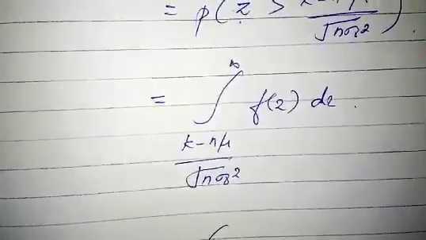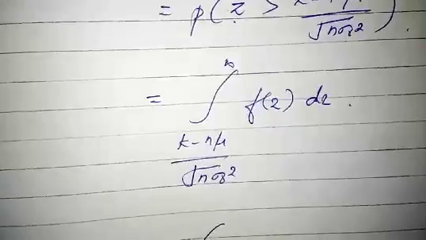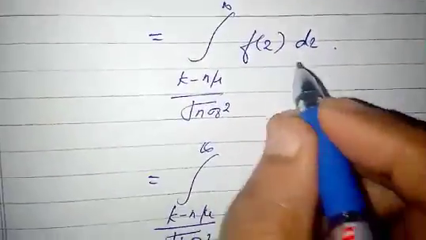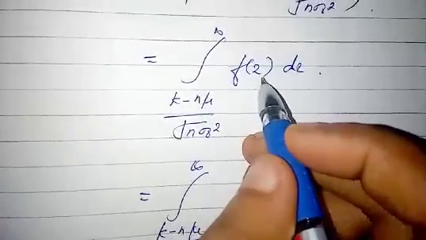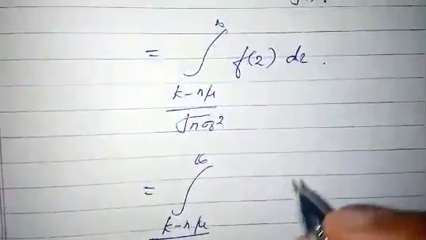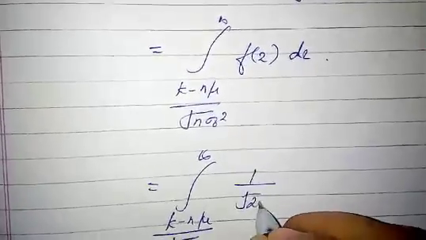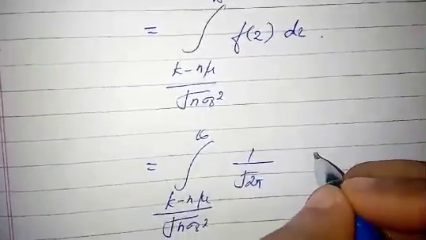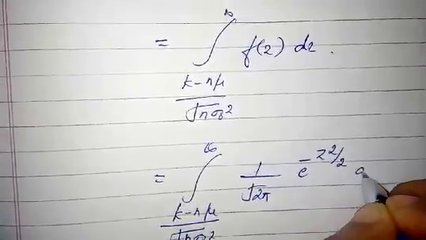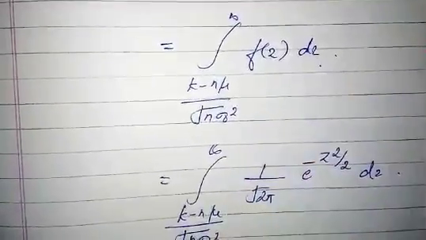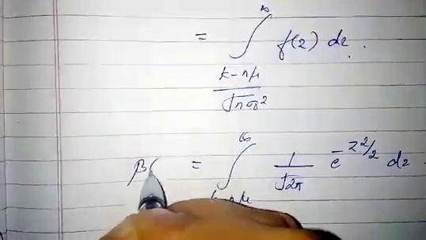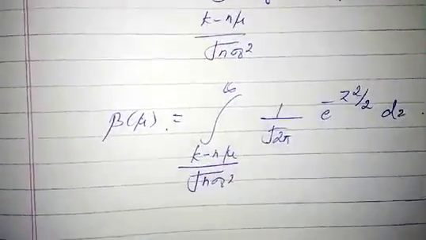Z follows standard normal, right? Then what is the PDF of the standard normal distribution? It is 1 by square root of 2 pi, e power minus z square divided by 2, into dz. That is beta of mu, right?